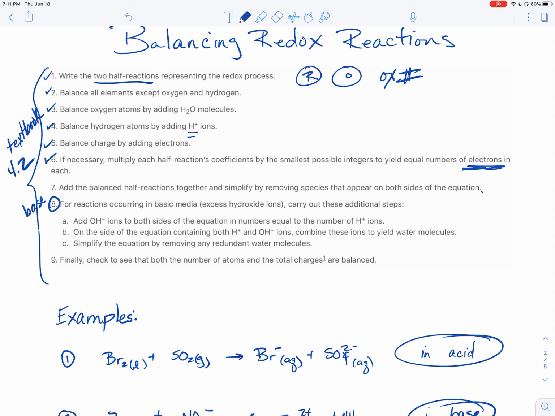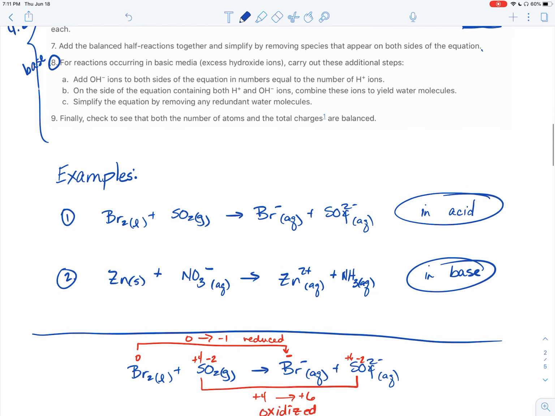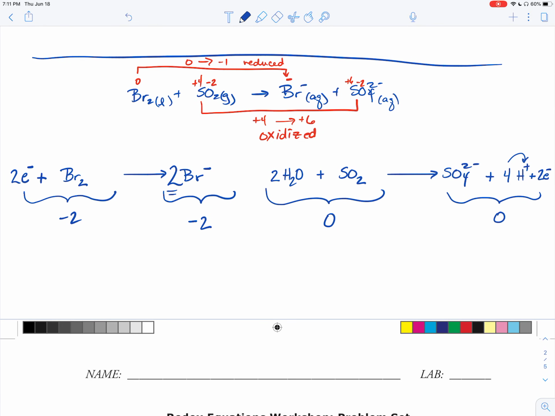All right, number 7. Add the balanced half reactions together and simplify by removing anything that's similar. So we're going to take all of the left-hand side of this reaction and the left-hand side of that one, and add them together.